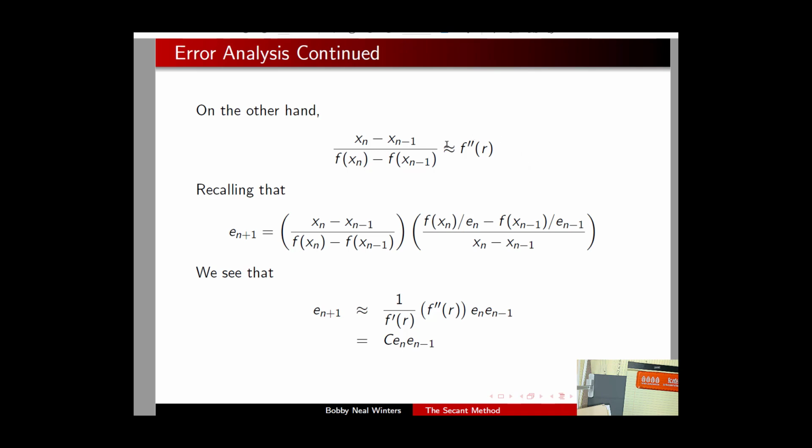Doing some more approximation, we get that this ratio is approximately equal to f double prime.